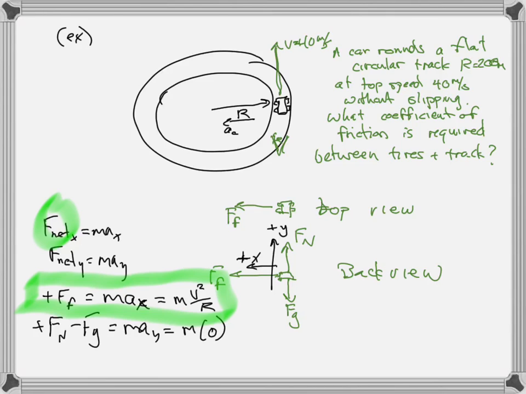So we've got Ff equals mv squared over r. But the additional question here is, what kind of friction is this? Is this kinetic or is it static? That's an interesting question. Be very careful here. Again, a little bit of an aside to think about.